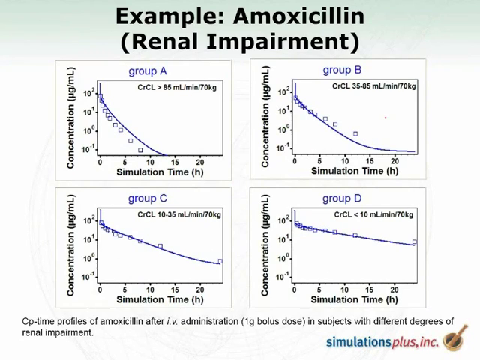So again, it comes down to what do we know about the physiology, and especially those aspects of physiology that would be affecting the pharmacokinetics of your compound and would be changing at different stages of the disease that you are trying to model.